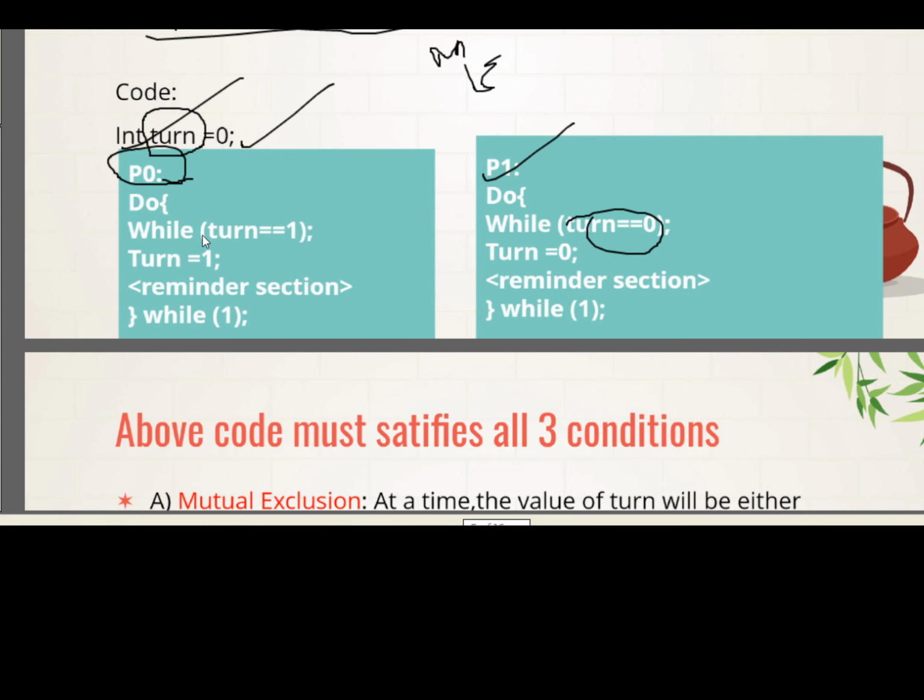Okay, so now the condition, the situation. Firstly, suppose we initially set the turn value as 0, but P1 intends to enter its critical section earlier than P naught. What happens? Suppose we set the value of turn equal to 0 and P1 intends to enter its critical section, but it does not execute the code properly.